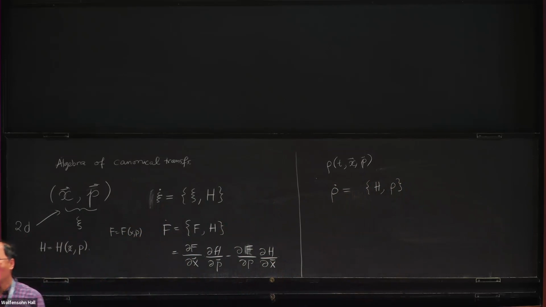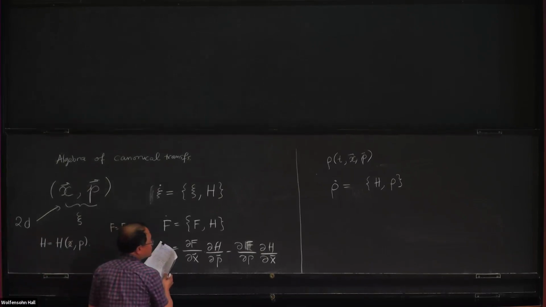What you can recognize here are the classical analogs of the evolution equation for an operator in the Heisenberg formalism in quantum mechanics, and the evolution equation of the density matrix in quantum mechanics. They have roughly the same form, except the Poisson bracket is replaced by the commutator.